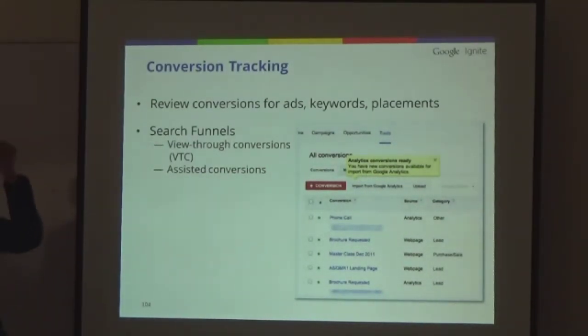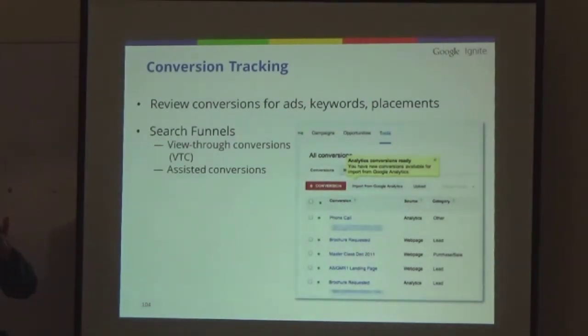So if they come back to your company, if they go directly to the company page and successfully make a purchase, the ad that was shown will be recorded as a view through conversion. It states that because this user saw this ad and eventually came back to the site and made the purchase, this ad is assisting the buying cycle of that particular user.